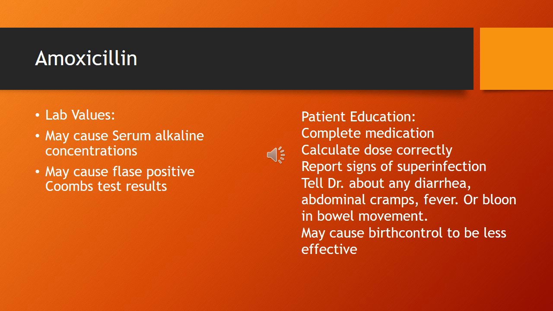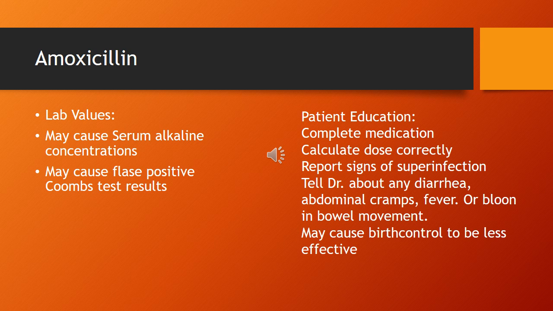And they should notify a healthcare professional immediately if they have diarrhea, abdominal cramping, fever, blood in their stools, or patients who may be on birth control or relying on birth control. Amoxicillin can make it less effective.